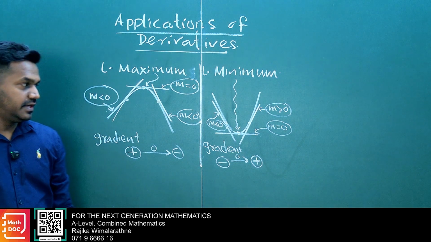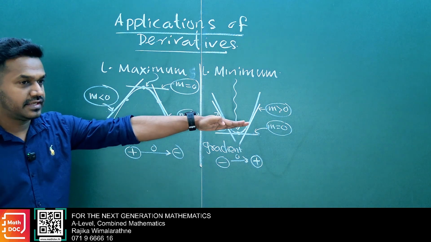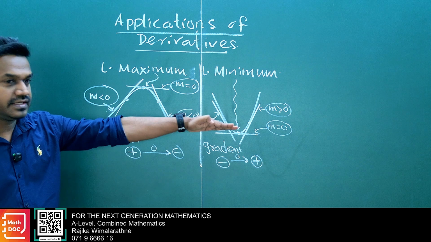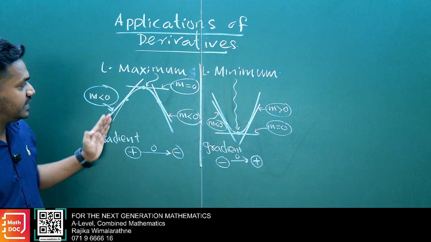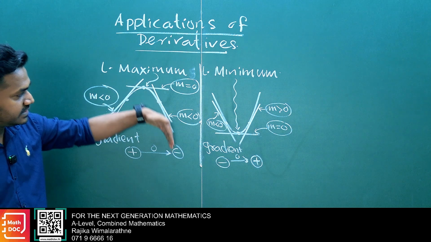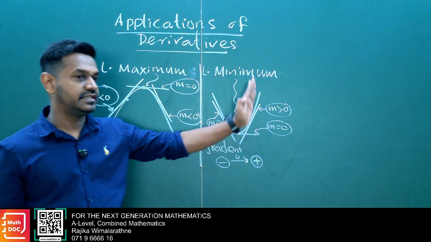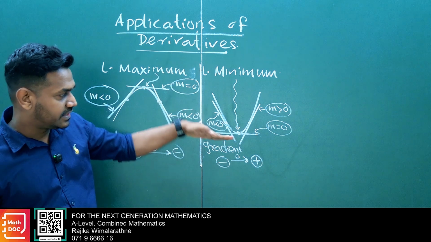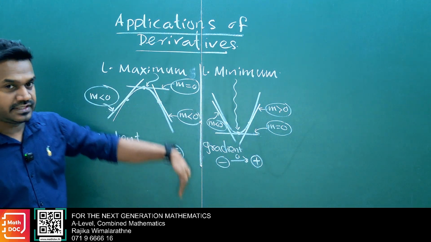Okay. Now further you consider, you go from left to right along this curve. Here increasing and then decreasing. Here decreasing, then turn and increasing. Here increasing, then turn and decreasing.